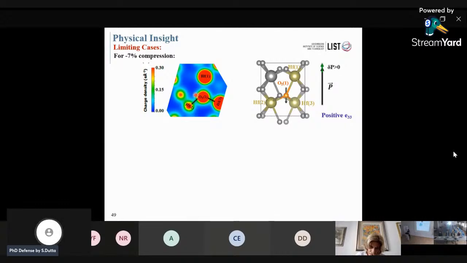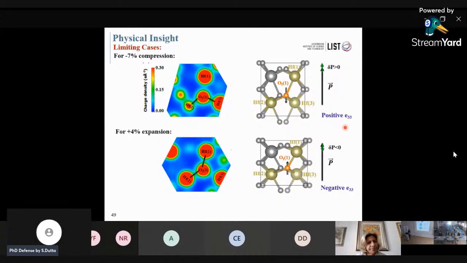So as a response to the strain, it is moving down to make these two happy, because this length is already very large. And since this is the direction in which this atom moves and you grow polarization, by the downward movement of this atom, you are enhancing your polarization and you are getting a positive result.